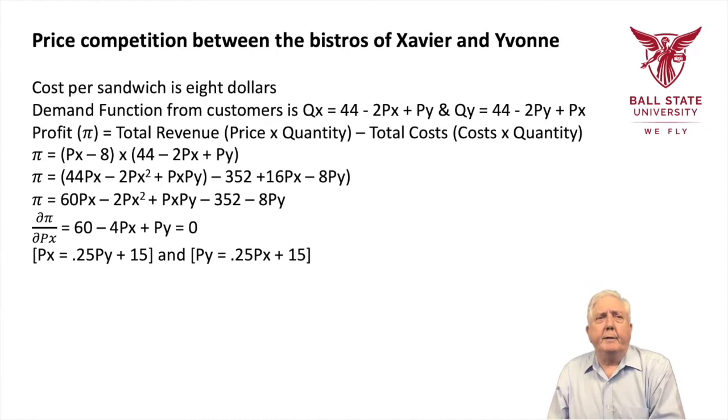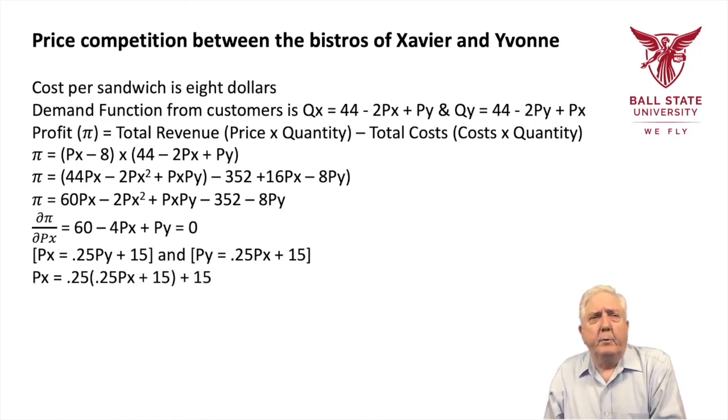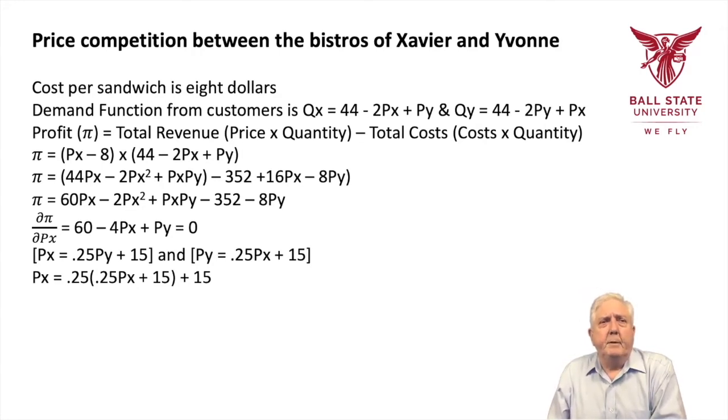If we now take the equation for py and plug it in for the py on the left, we get px equals 0.25 times 0.25 px plus 15. And if we simplify that, we get px equals 0.0625 px plus 3.75 plus 15.